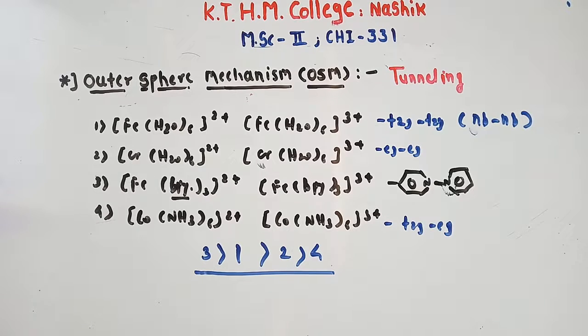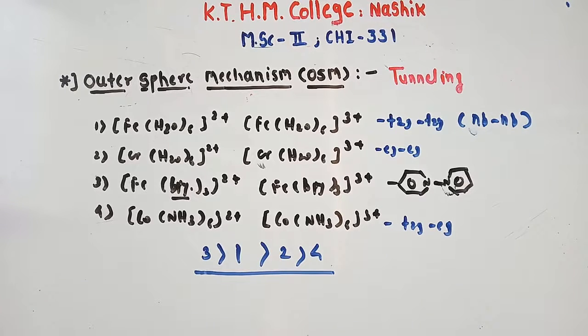So there is a reorganization, electronic excitation is there. So after that, formation of precursor complex, then there is electron transfer between reductant to oxidant, so there is formation of successor complex, and then there is dissociation in final step. This is the exact mechanism for outer sphere mechanism.